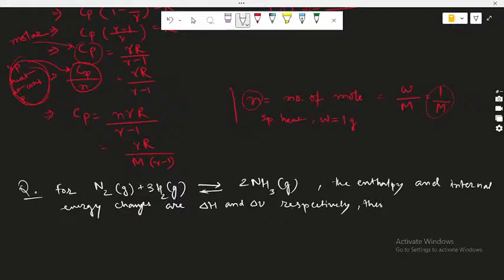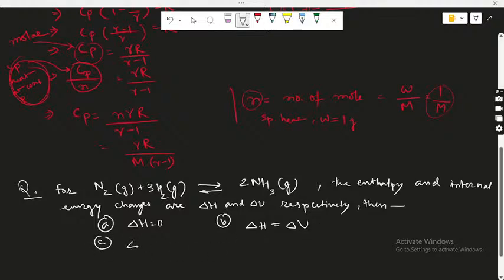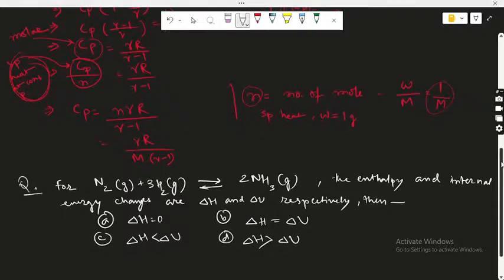Then option A, delta H is equal to 0. Option B, delta H is equal to delta U. C, delta H is less than delta U. Option D, delta H is greater than delta U. So can you solve it?